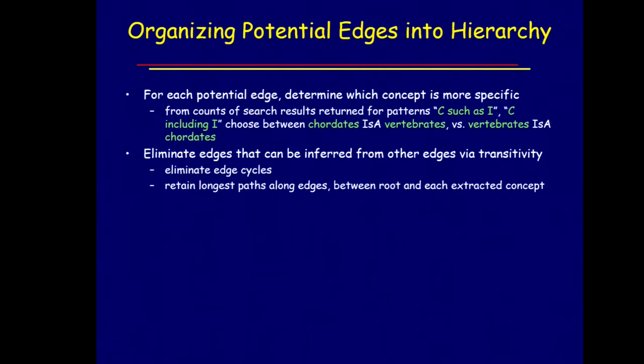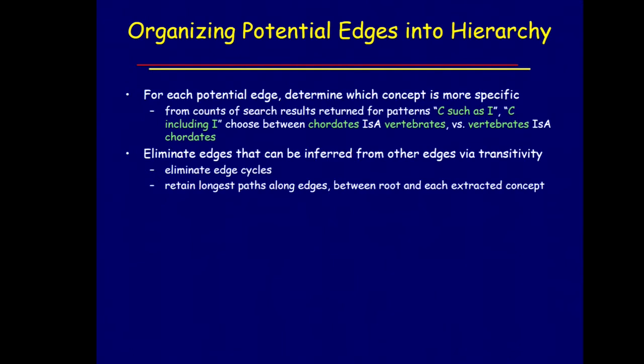So this is one step. It's not a hierarchy yet, but at least it's not random. At least now the hyponym is under the hypernym. So now all the edges are oriented, sort of top down, and of course you have many of them. We have redundant edges, for example. They eliminate edges that can be inferred by transitivity otherwise.